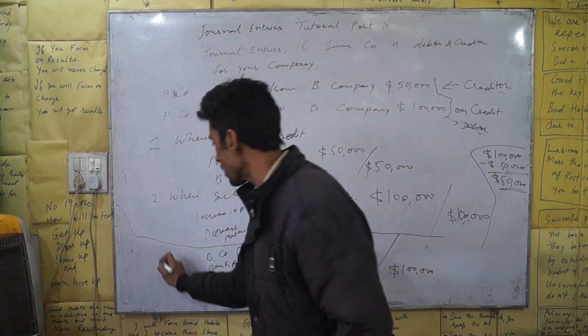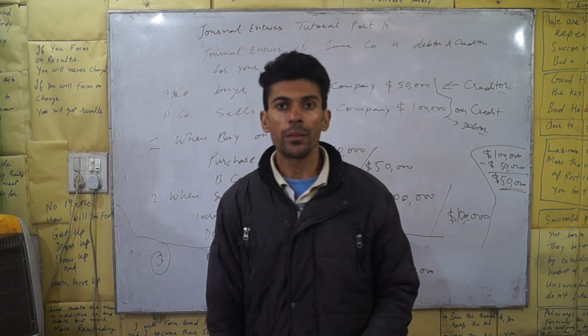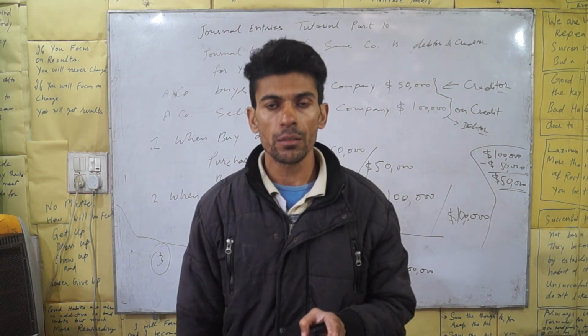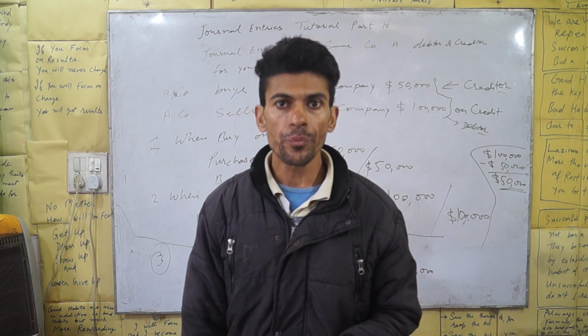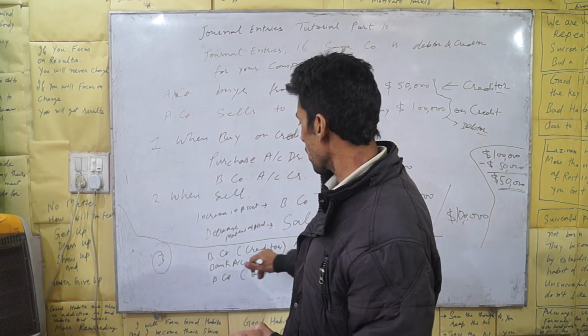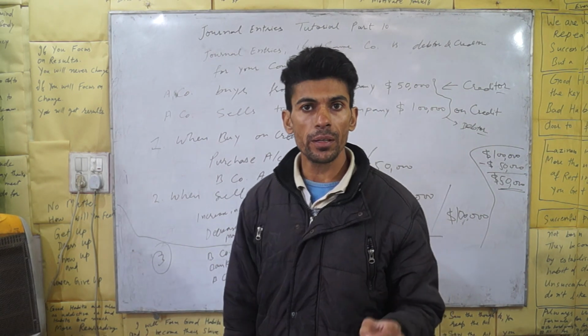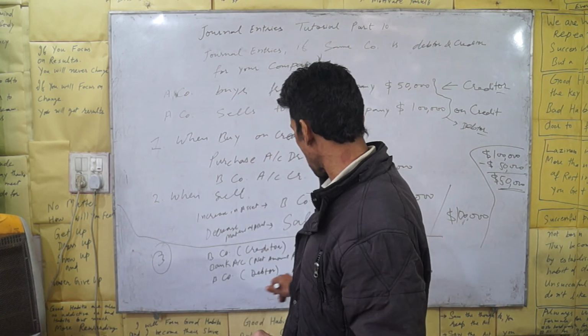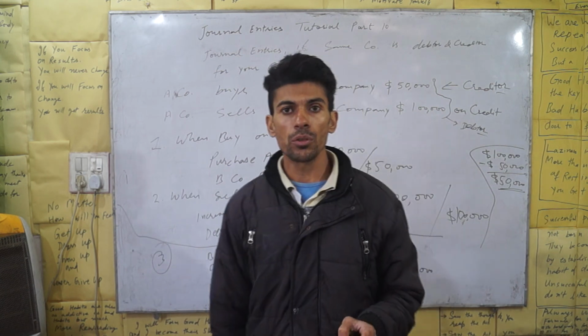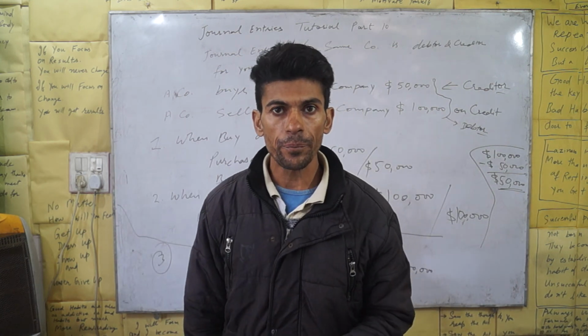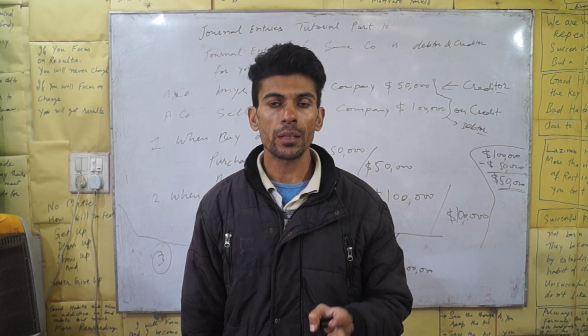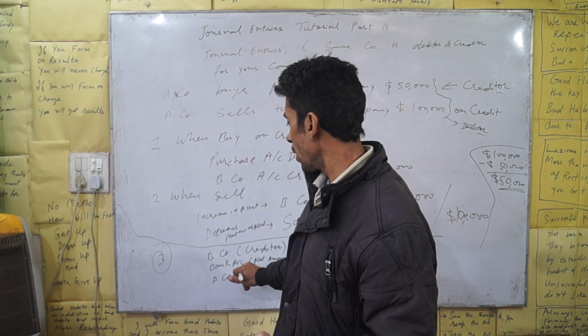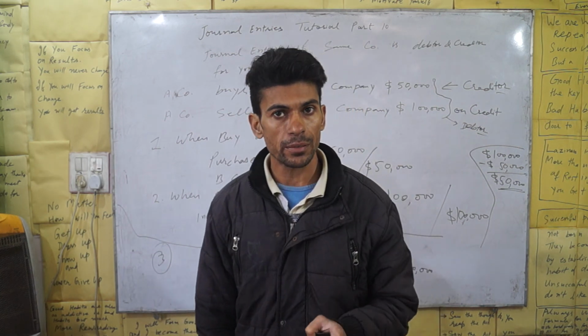Okay, this is the third entry. With this you can finish the accounts. Creditor we paid, debtor 1 lakh, also we receive the money. Okay, like this, and the net amount also debit, which is our asset.